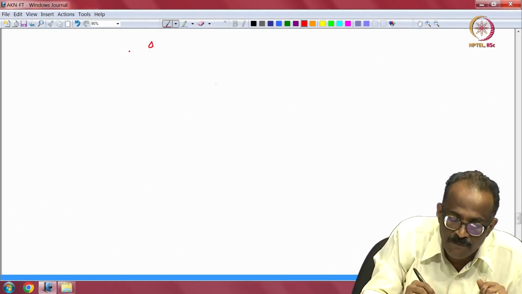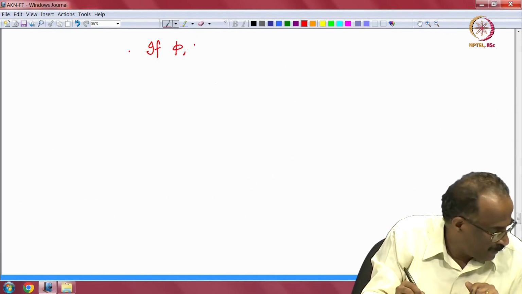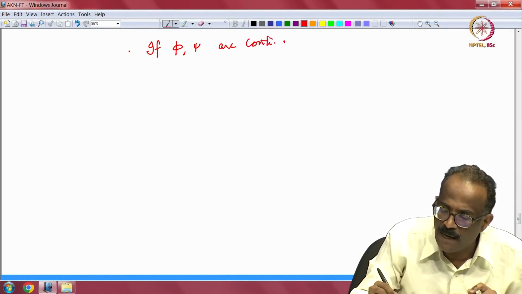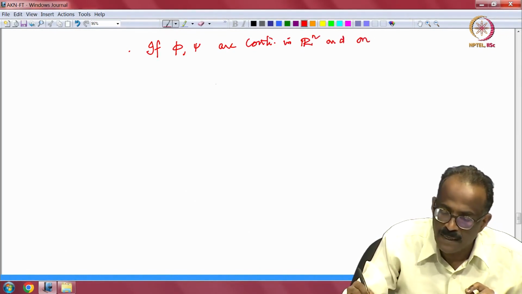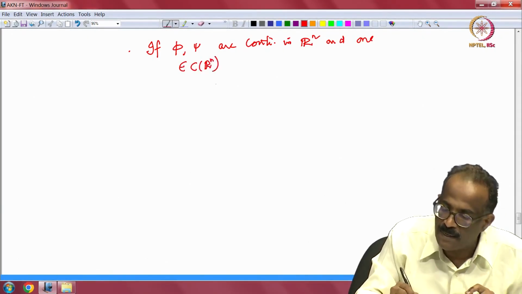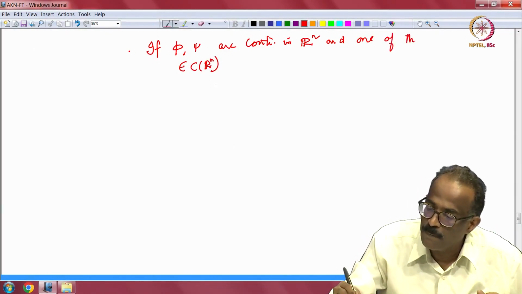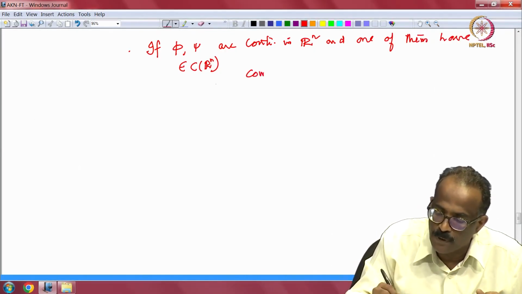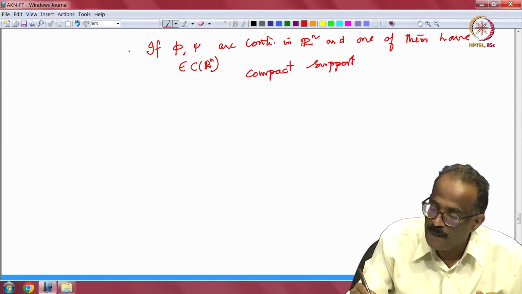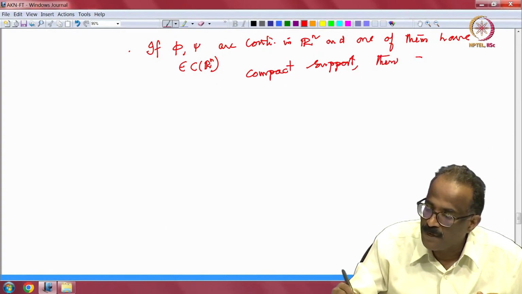Suppose phi and psi are continuous in Rn, that means they are all in C of Rn, continuous functions in Rn, and one of them has compact support, then phi star of psi is well defined.